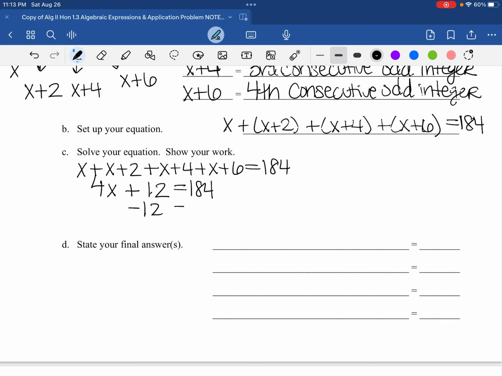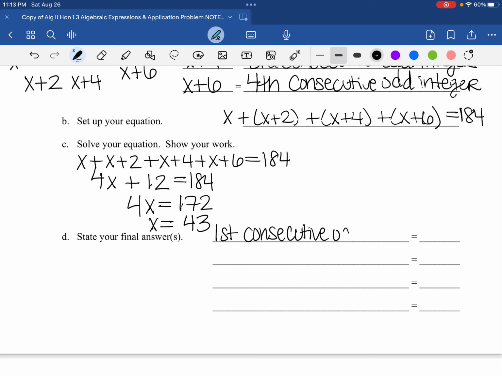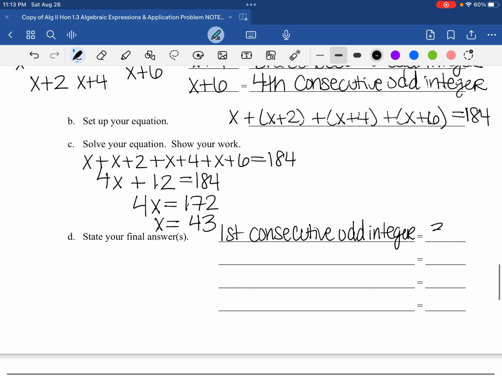Then we're going to subtract 12, which you don't necessarily need to write. And we get 172. And when you divide by 4, you get 43. So we know that the first consecutive odd integer is 43.